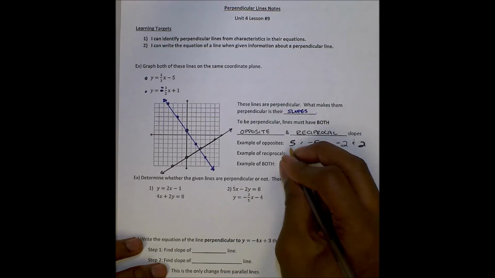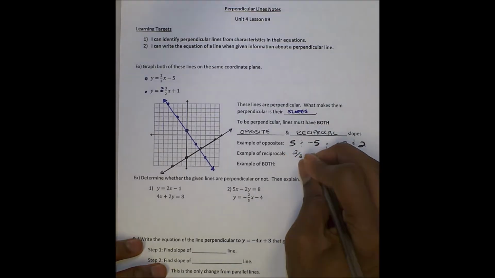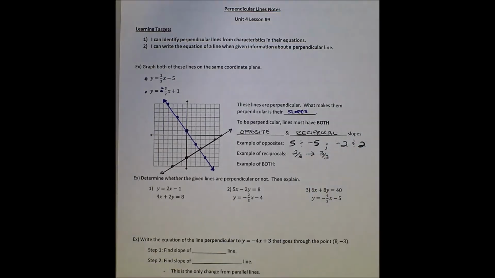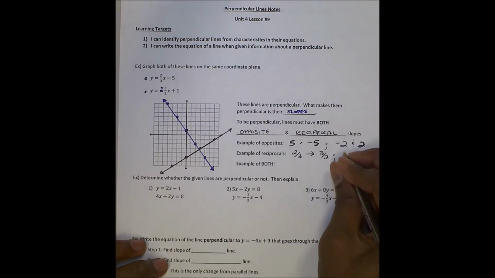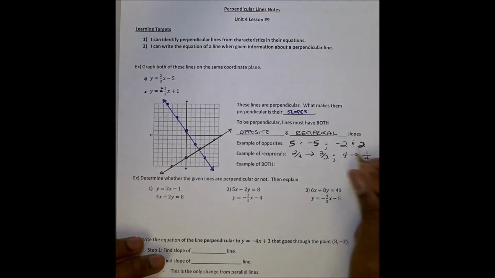Reciprocal, so we have 2/3. Its reciprocal would be 3/2. Okay, that's flipping the numerator and the denominator. So if we had the number, let's say 4, its reciprocal would be 1/4. Remember that every number is a fraction over 1.